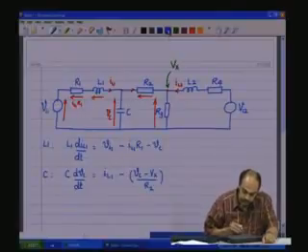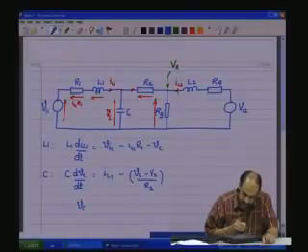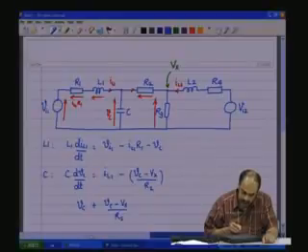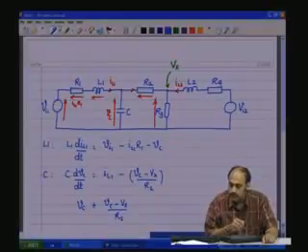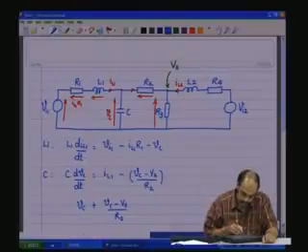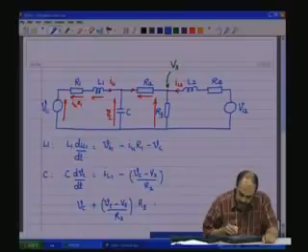So, now Vc plus Vc minus Vx by R2 being the current which flows through this, into R2 is of course Vx.